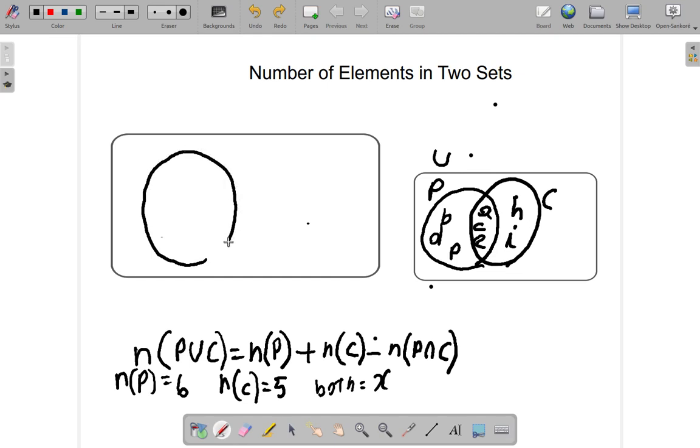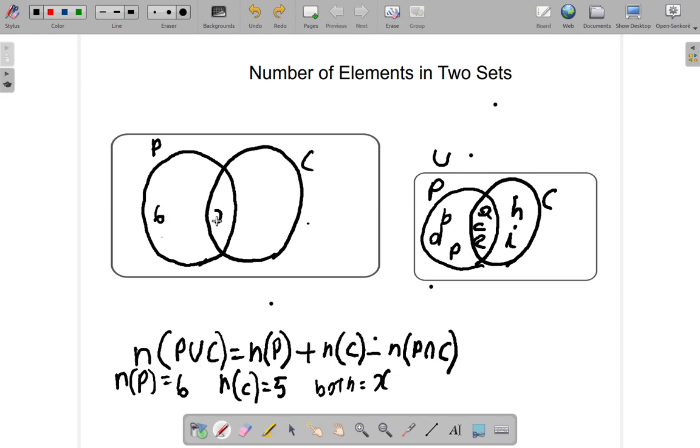I have P here. I know there are some in both, and I have C here. Now the number in P is 6. If you write 6 and you don't make any change to it, then you would be wrong, because what happened?